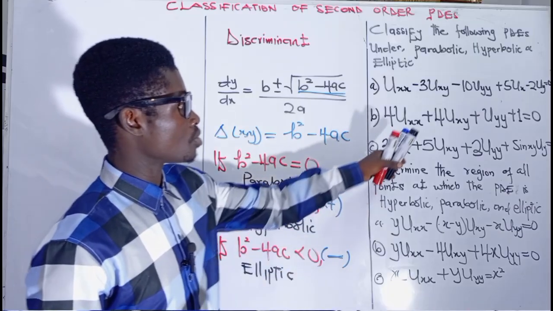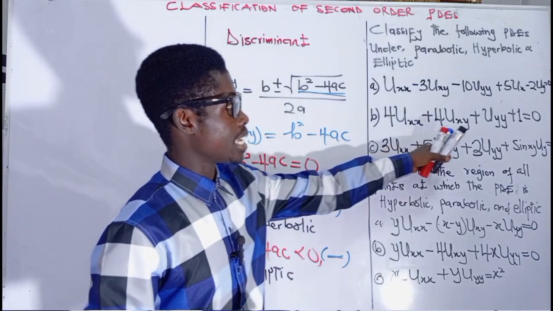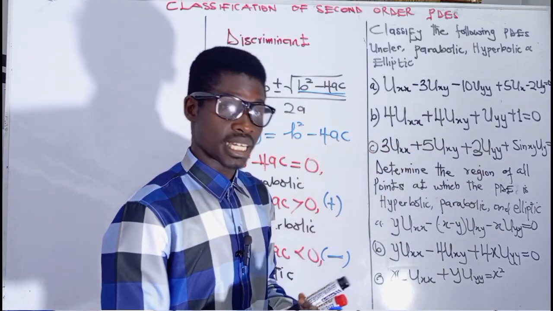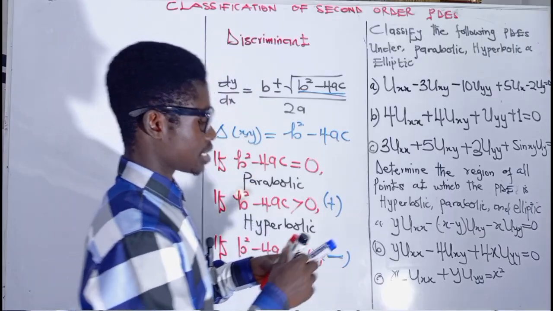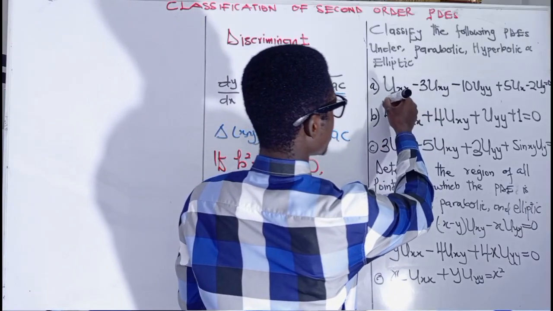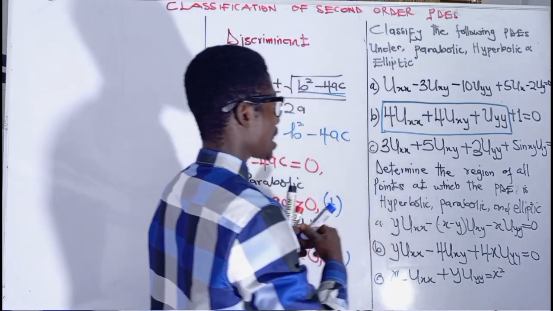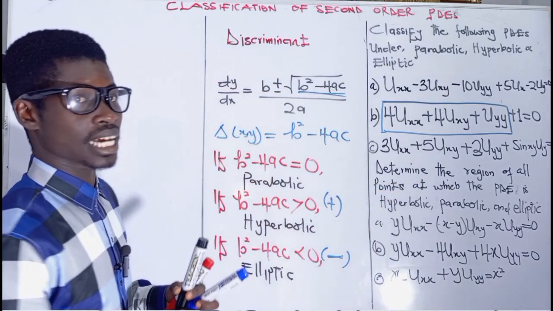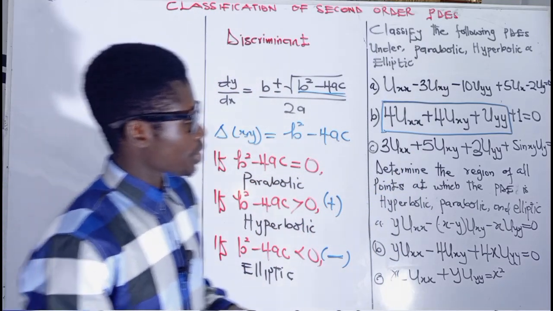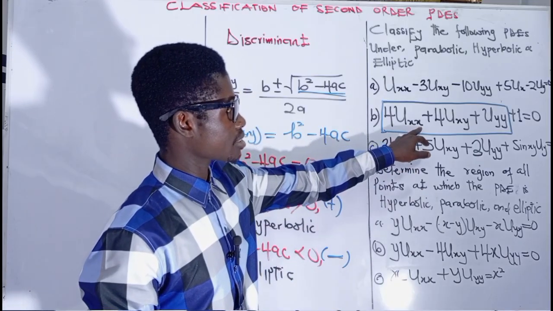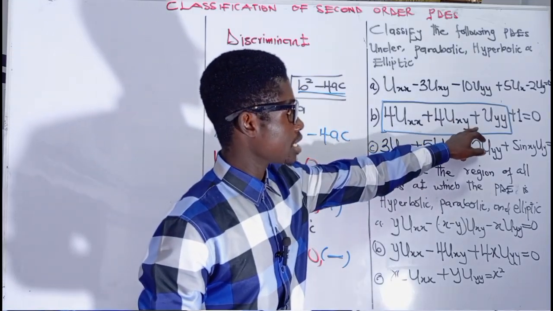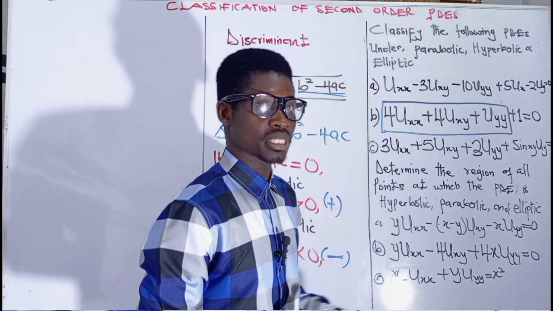Order 2. So we are going to look at the xx, the xy, and the yy. So the principal parts are the highest partial derivatives in that given equation. So we have uxx, uxy, and uyy. We call them the principal parts.